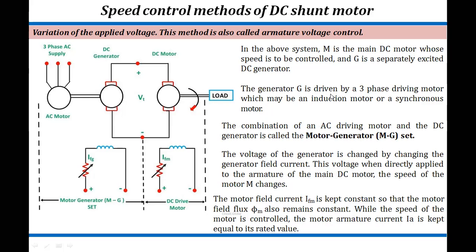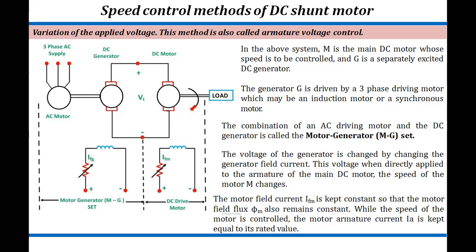The DC generator is driven by a three-phase driving motor power supply, which will generate supply voltage for that motor. The combination of the AC driving motor and the DC generator we call a motor generator set, because here we are using a DC motor as well as a DC generator. So we can say MG set means motor and generator set combined.